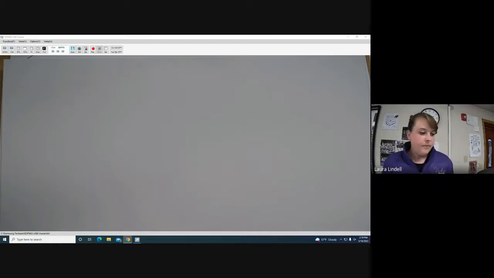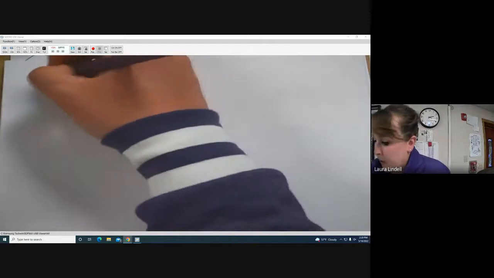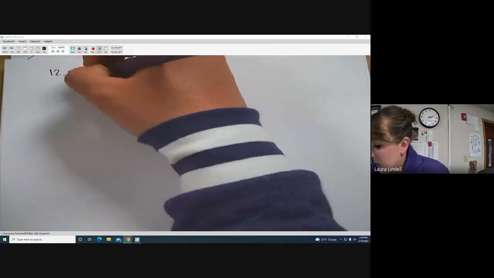Let's see. So here we go. Finding the angle made with an axis. First example, I guess we'll write the top, 12.2 continued.